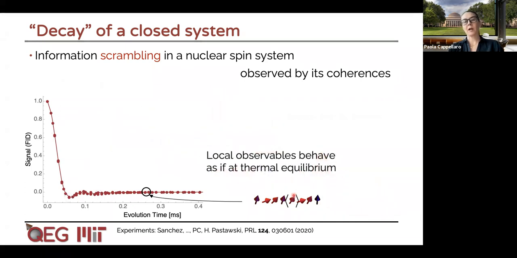But if you're able to actually look at the correlations which are created in a system, you would see a coherent behavior. And so this is just using traditional NMR techniques, so we can start to observe really in action these ideas which are centered around thermalization and scrambling of information.